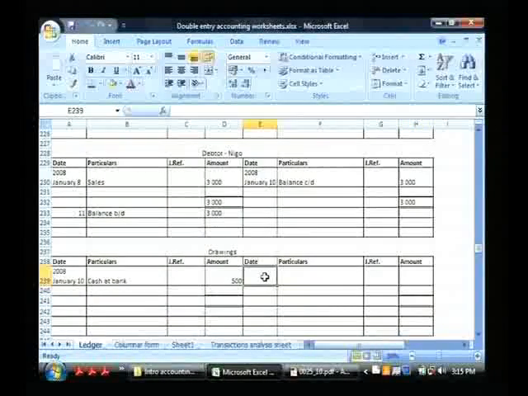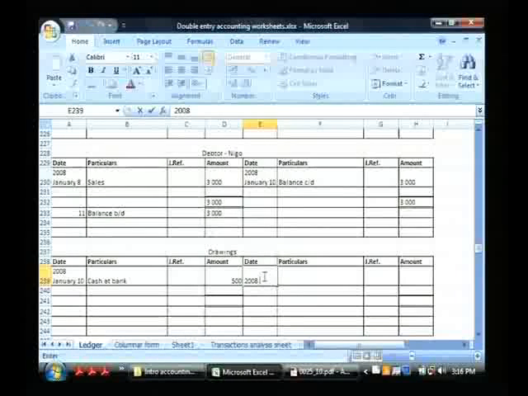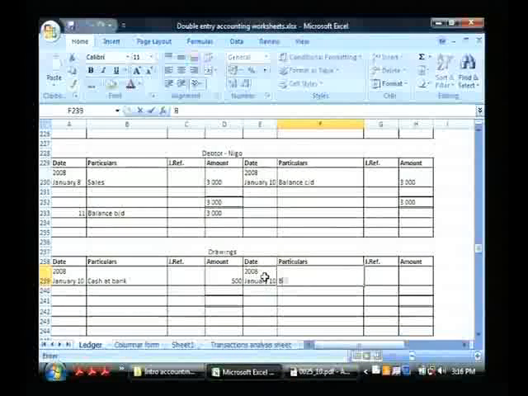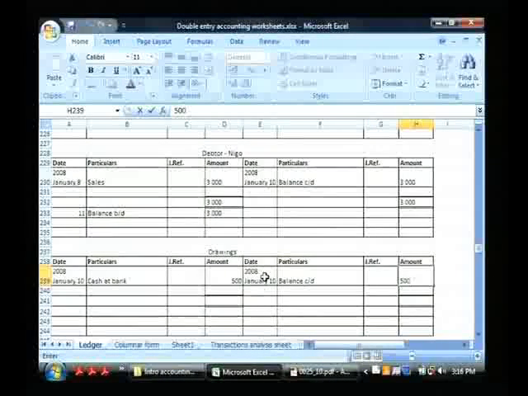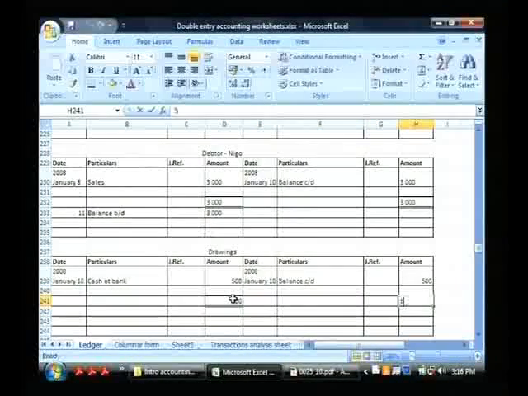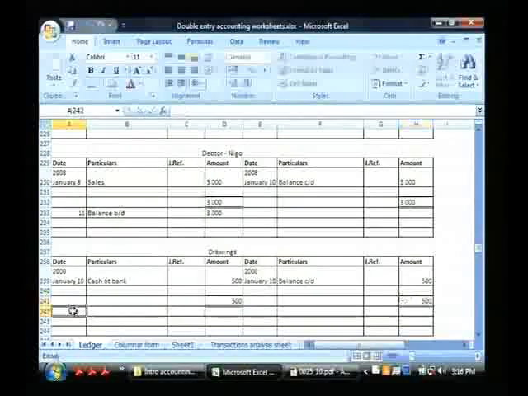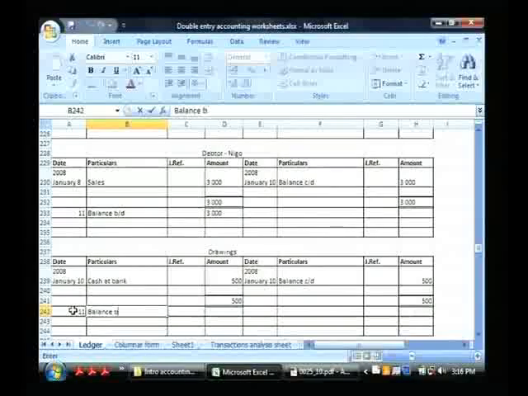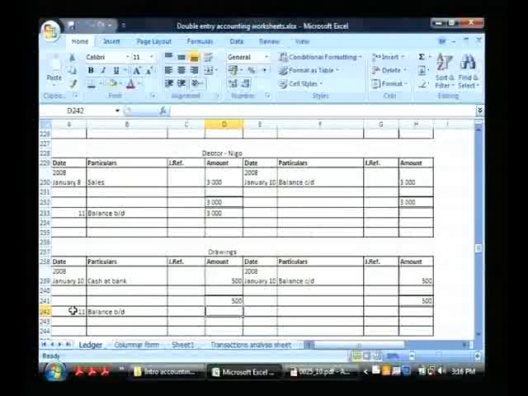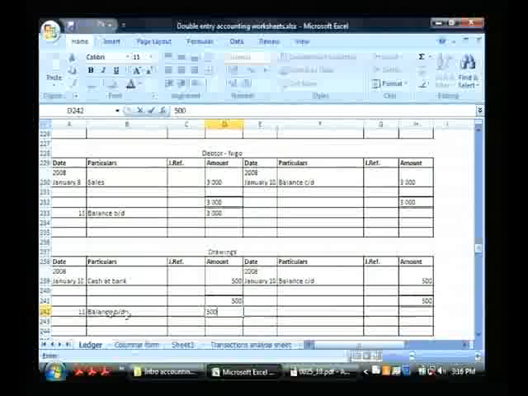Drawings account, 2008, January 10th. Balance carried down 500, total, and here on the 11th balance brought down 500.